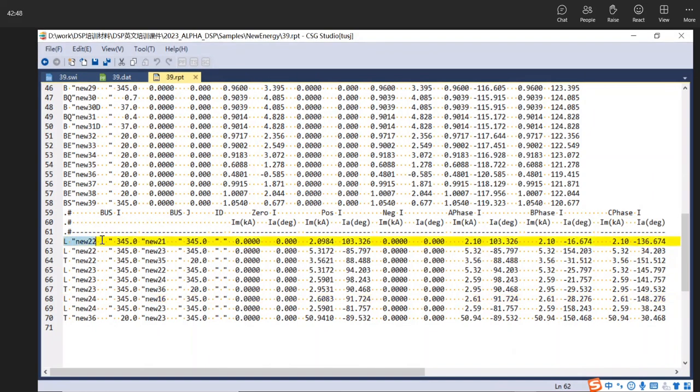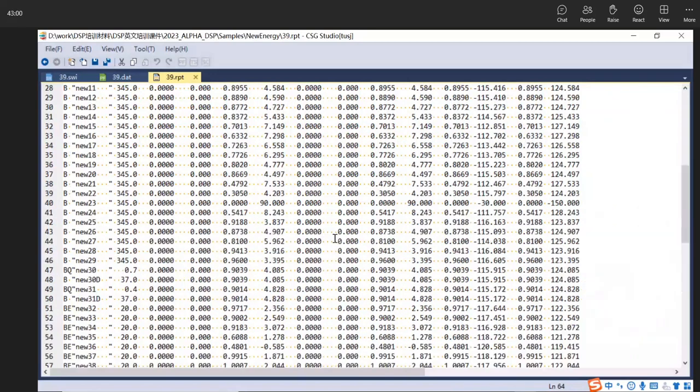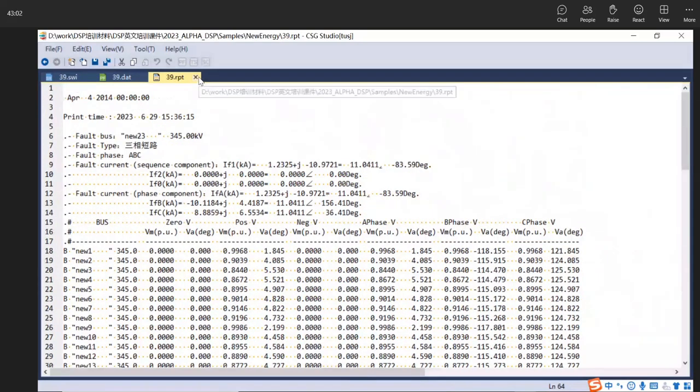In the line new 22 to new 21, you can see the current value. And in the transformer, you can see the current value. That is the example to calculate the AC current amplitude.